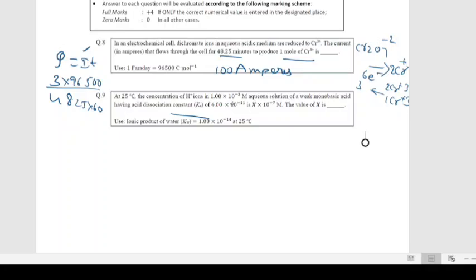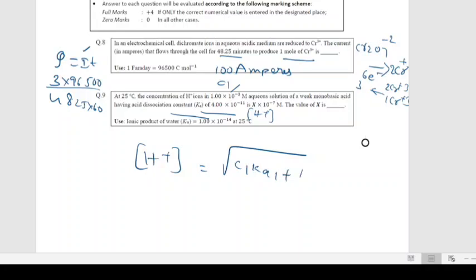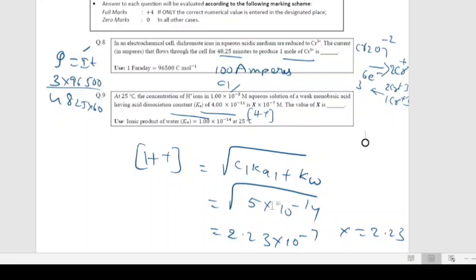So for this we have the formula: H+ ion concentration is equal to square root of C1 into Ka1 plus Kw, and if we substitute the values they have given, you will get the answer as 5 into 10 to the power of minus 14 under square root, where the answer is 2.23 into 10 to the power of minus 7, and x is equal to 2.23 here.